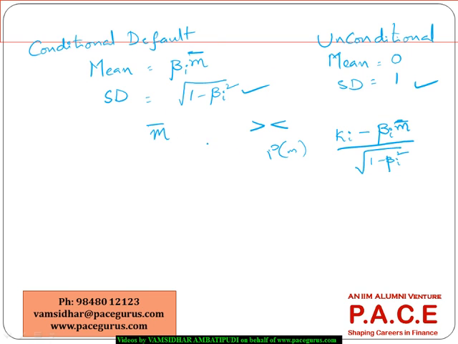So from here, let's say for a particular asset or firm, beta is known, and a threshold is being set for it. We know the threshold value associated with it, and the threshold, as we have said, is generally measured in terms of number of standard deviations.